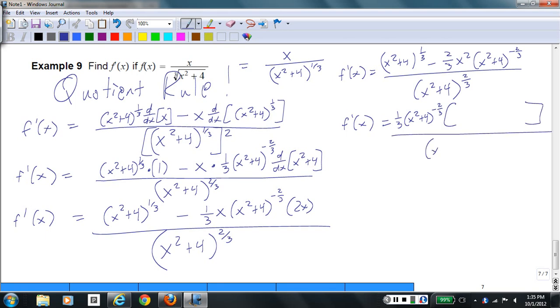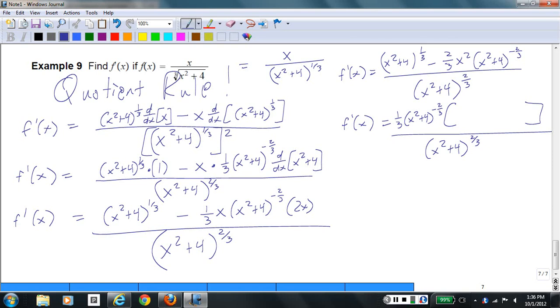And then we'll have an x squared plus 4 to the positive 2/3 down there. If I don't factor out that 1/3, then inside the parentheses there'll be a polynomial with a fractional coefficient. And I don't want any polynomials with fractional coefficients inside. I just want integer coefficients, if I can keep it that way. So that's why I'm trying to look ahead and deal with that 1/3 proactively.